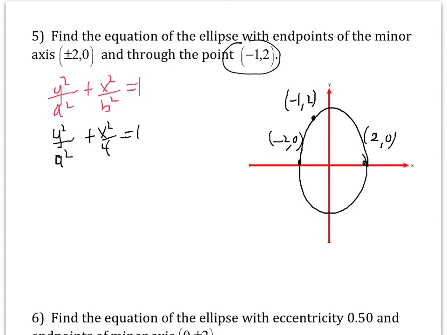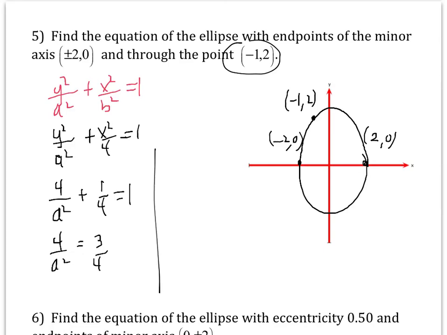So we're going to plug in 2 for y, so you get 4 over a squared. We're going to plug in 1 for x, plus 1/4 equals 1. That says 4 over a squared equals 3/4. Let's see, when you cross multiply, you get 16 equals 3a squared. A squared equals 16 over 3.